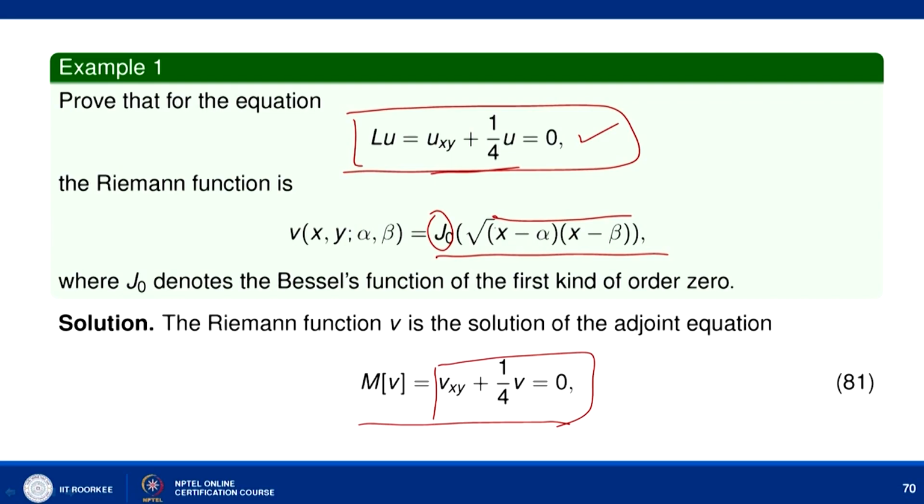Now what is eta here? J naught of root of x minus alpha into x minus beta. So here we have obtained the green function of this. Once we know the green function, and if the problem LU equal to f is given, you can solve the problem LU equal to f in terms of v here.